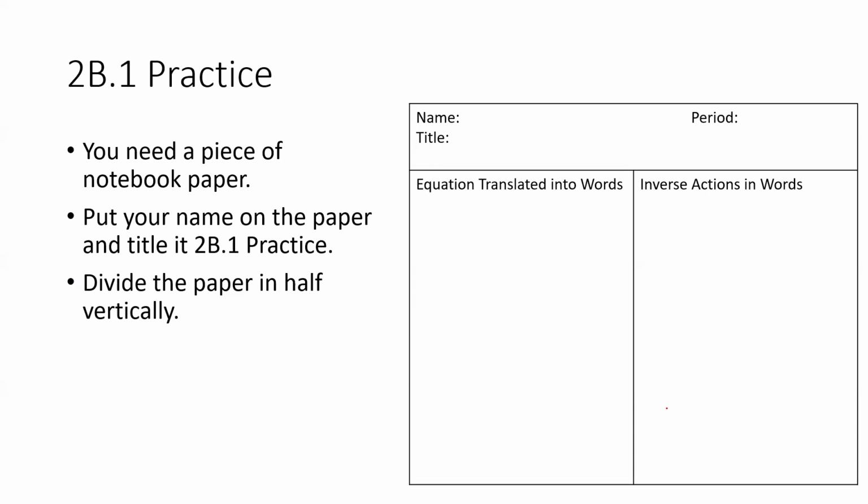Okay. So the instructions are clearly listed out on the board for you. You need a piece of notebook paper. You're going to put your name on the paper and title it 2B.1 practice. You're going to divide the paper in half vertically.